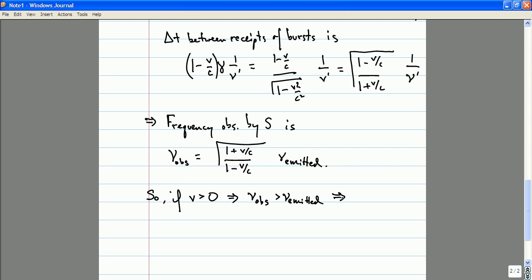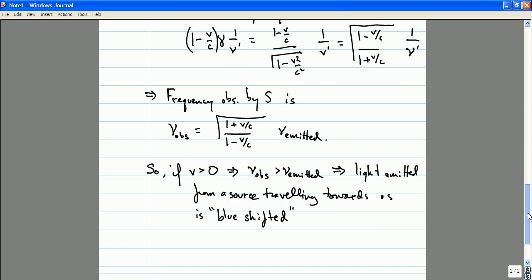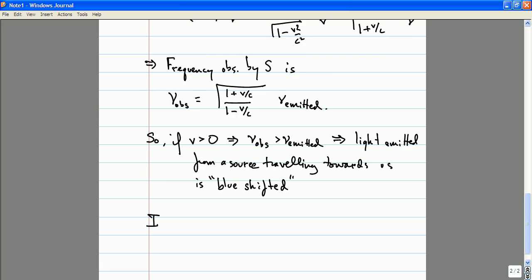So, in other words, light which is emitted from a source traveling towards us is going to appear bluer than it would if the source were sitting still. So we often say that it is blue shifted. And likewise, if v is less than 0, that implies that light is red shifted.